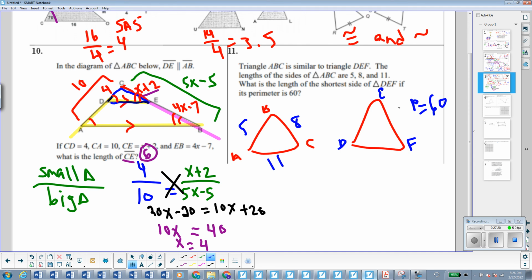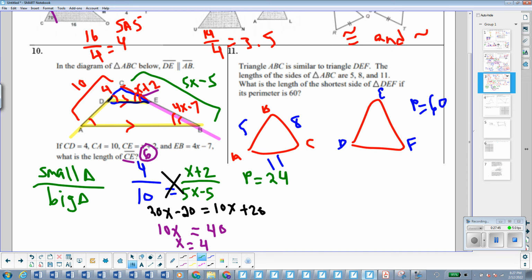So when I add all the sides up of DEF, we should get 60. If we can find what all the side lengths are, we can see which one's the smallest, because that's what we're looking for. I can find the perimeter of triangle ABC also by adding up all the sides. 11 plus 5, that's 16, plus 8, that's 24.